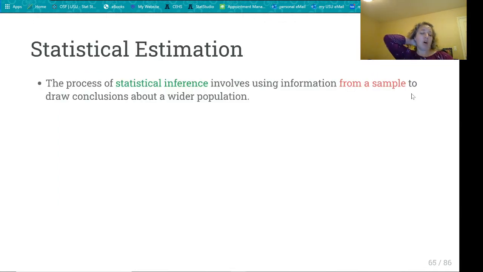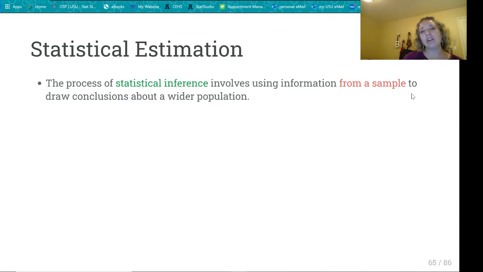So the whole reason we take a sample is to get a better idea of the population. And this process of, from a whole population, capturing a sample, measuring things on the sample, and then using the sample to make a statement about the population, that is inference.